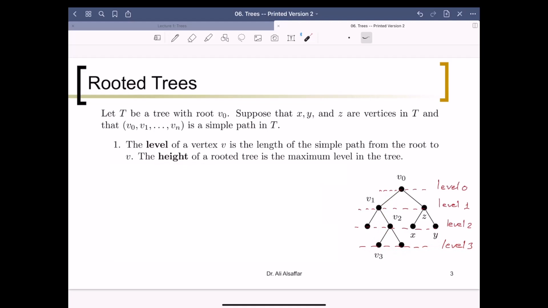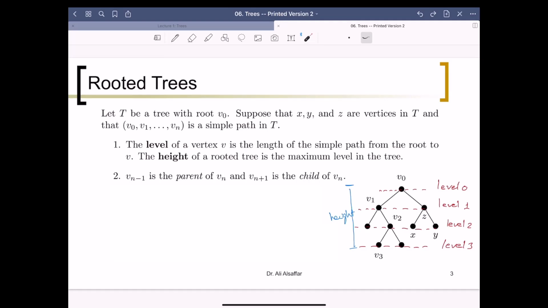Now, the height of a rooted tree is the maximum level. So the maximum level is level 3, so the height will be from here up to here. This is called the height of the tree. Now, for any adjacent vertices, for example V1 and V2, remember that in a rooted tree, 2 adjacent vertices exist in different levels.